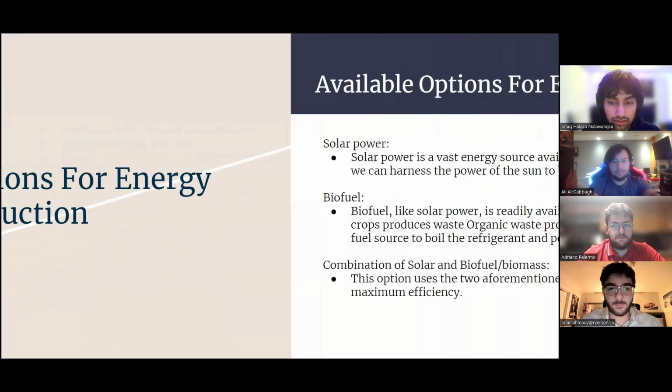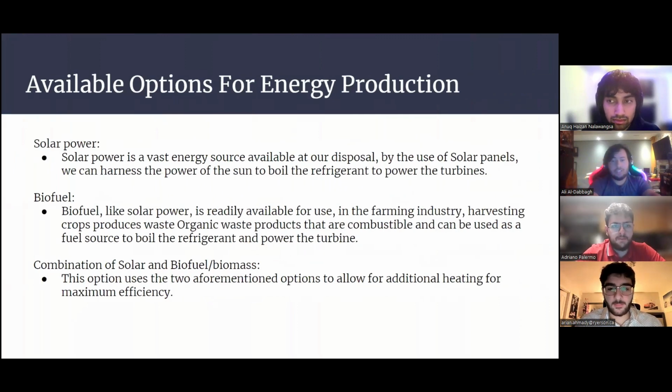At the initial stages of this project, we identified two possible renewable energy sources we could use. The first being solar power, and the other being biofuel power. Solar power is pretty much just solar panels using the energy from the sun to convert to electricity and power the boiler and the turbines.